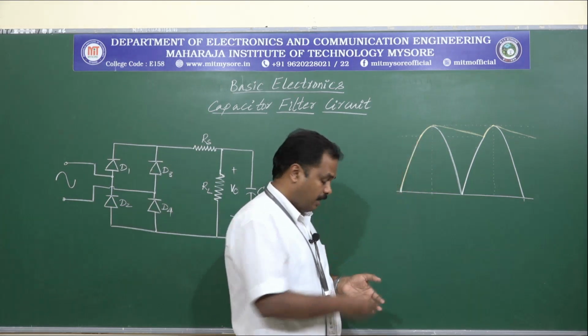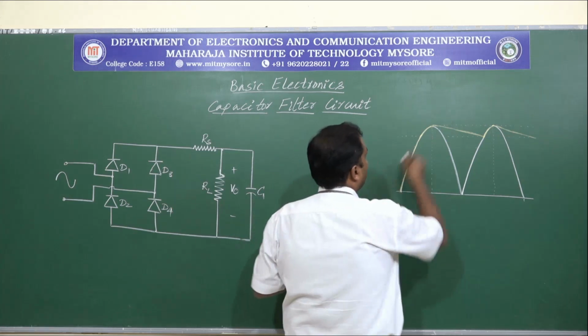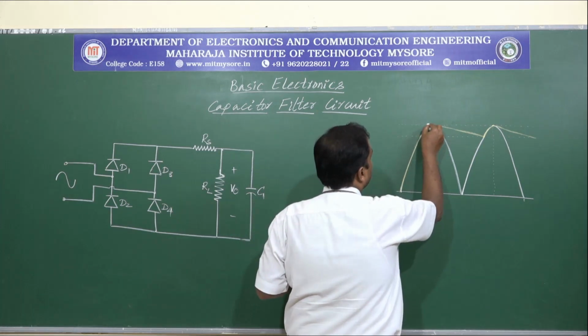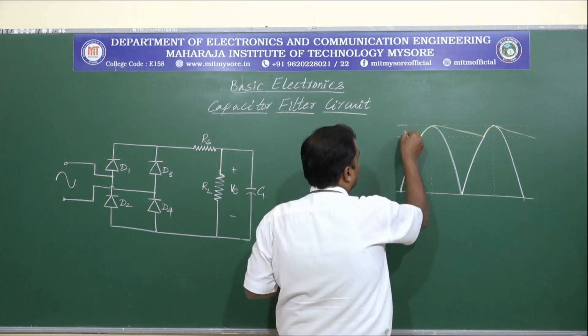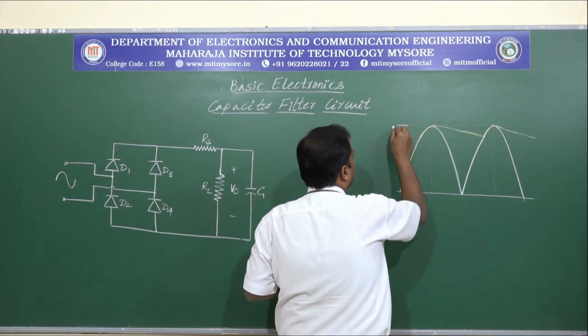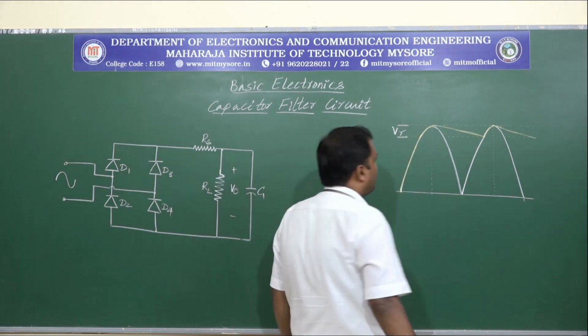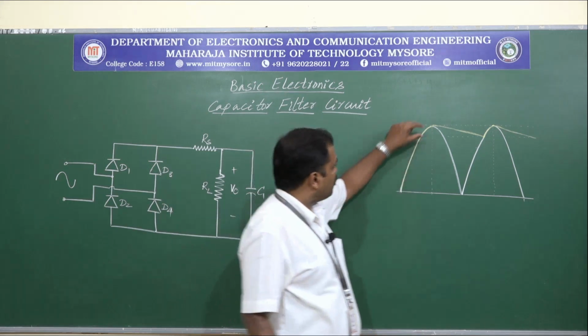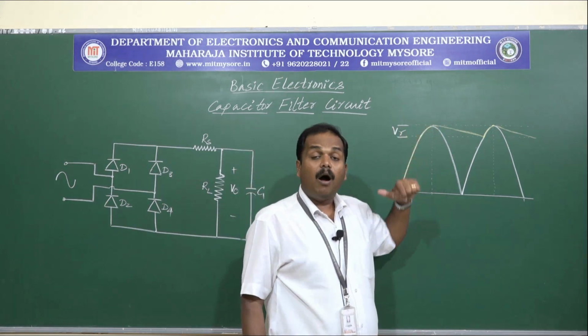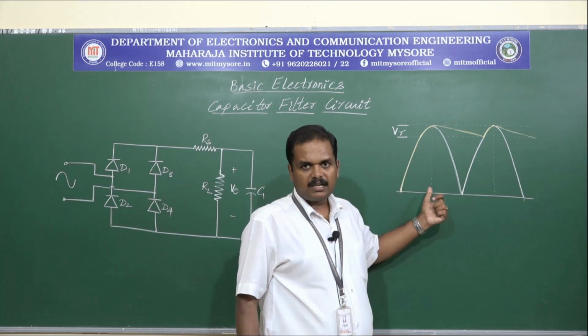Ignoring the first cycle, the peak to peak voltage has now been reduced to this limit. So this is V gamma peak to peak. This is going to be considered as the output of the filter circuit.